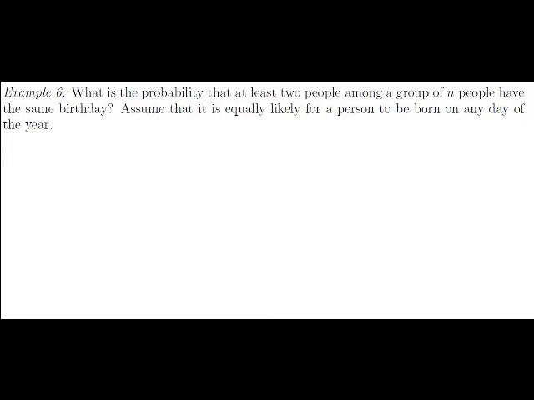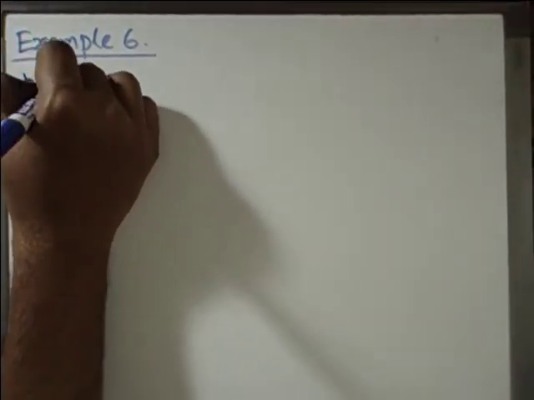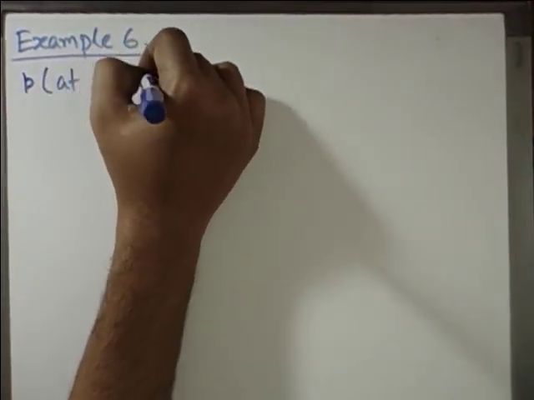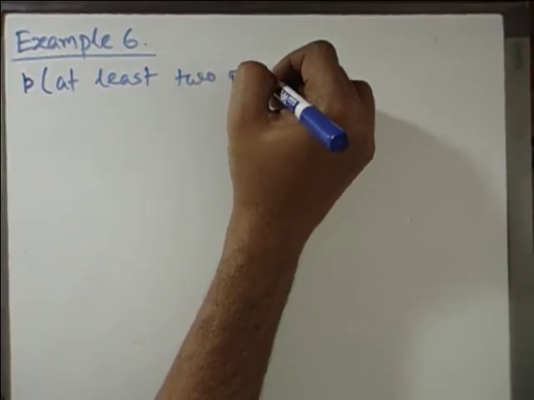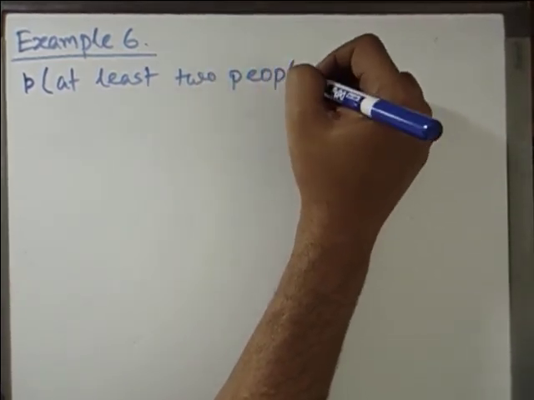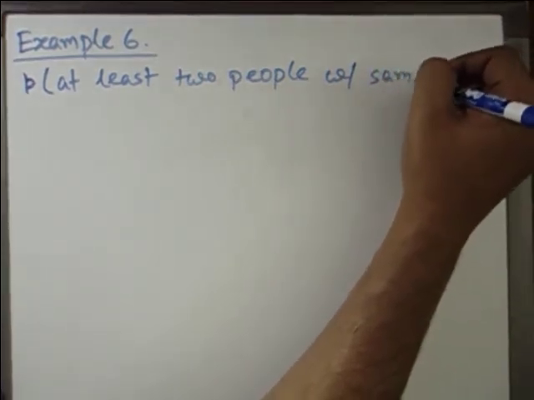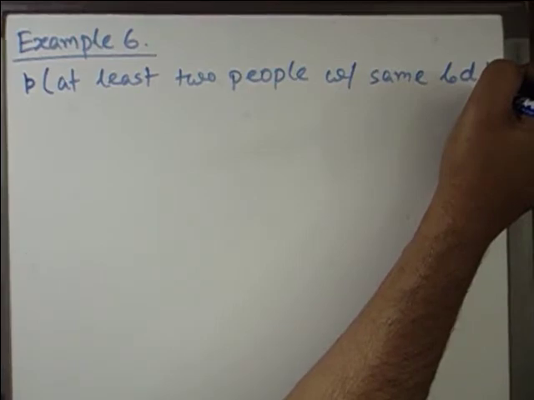So the probability of at least 2 people with the same birthday. Okay, so that's what we are trying to calculate.